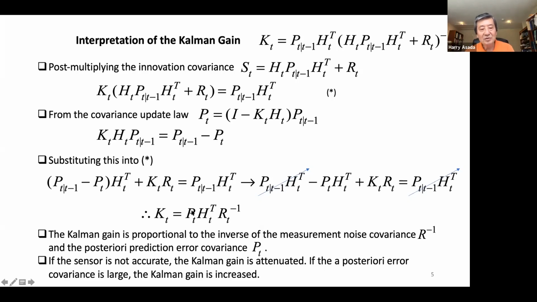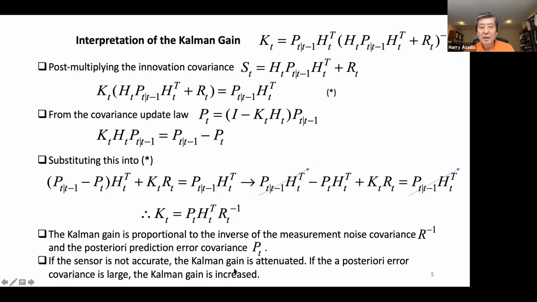So what this means is that if you have very horrible, very inaccurate sensors, like last night's presidential debate, where someone made a very inaccurate statement, suppose you get that kind of information, you take it with a grain of salt, right? So you basically reduce the Kalman Gain, because if R_t is big, this one is reduced.